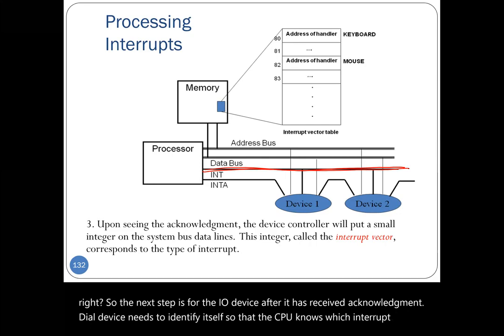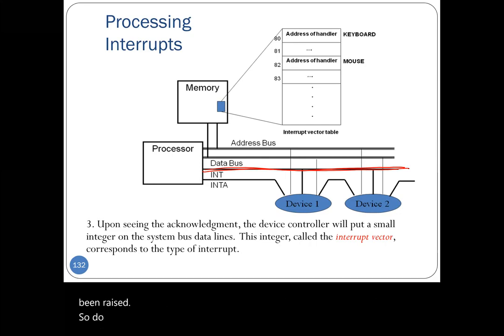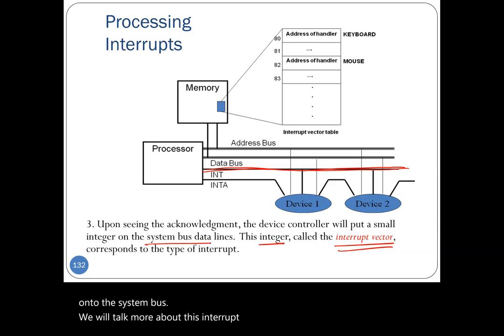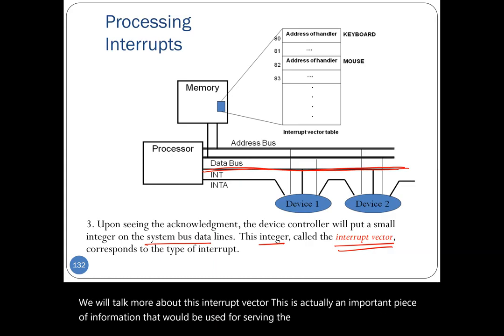To identify itself, the IO device uses a small integer called the interrupt vector. The IO device will place this interrupt vector onto the system bus. We will talk more about this interrupt vector. This is an important piece of information that would be used for serving the interrupt. So this serves to identify the interrupting device.